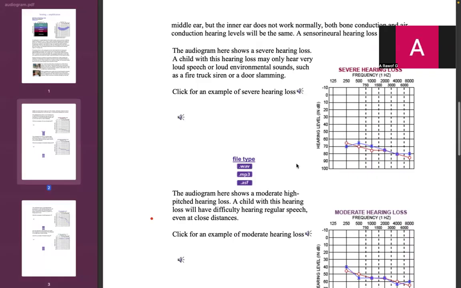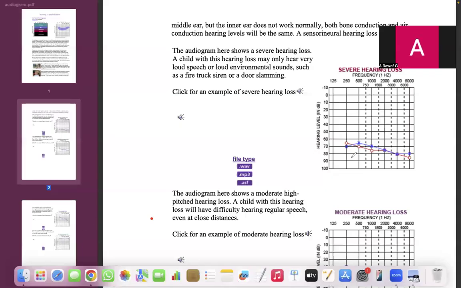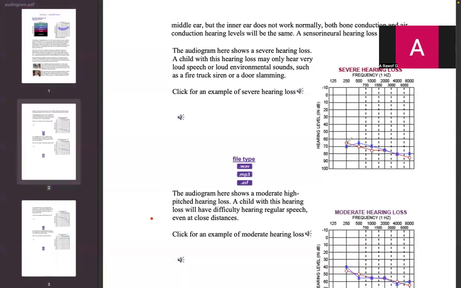Okay, this audiogram is showing the right ear now. For the right ear, the hearing is between 60 and 70. It has come up to 90. So here it is between 60 to 70.